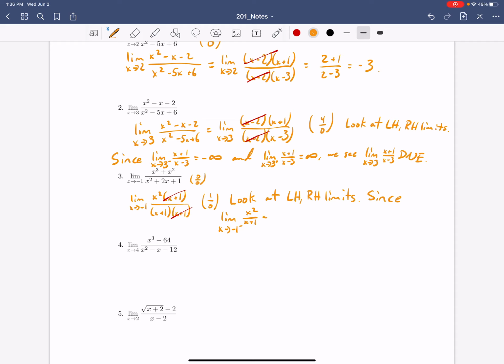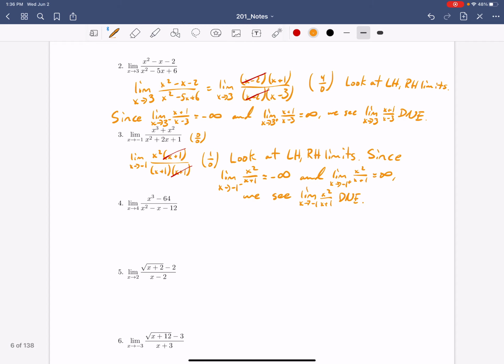So I guess we're getting this limit is negative infinity because the top is positive, the bottom is negative. So we get that, and the limit as x approaches -1 from the right. Here the top is once again positive, but so is the bottom. Right, we again see that the limit, the double-sided limit, as x approaches -1 of x squared over x plus 1 does not exist. Okay?